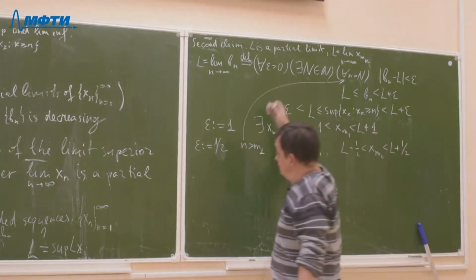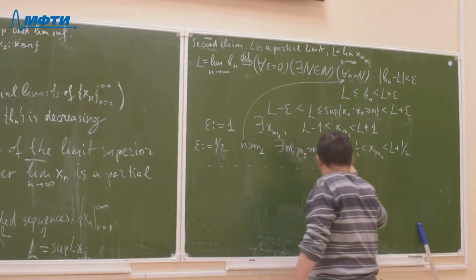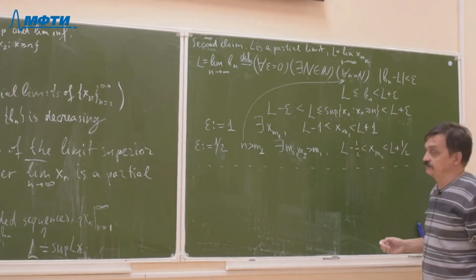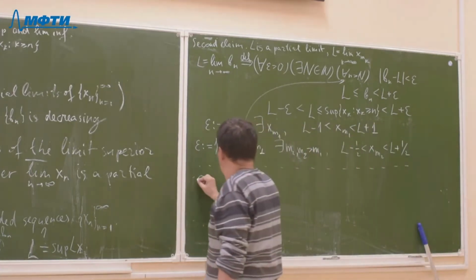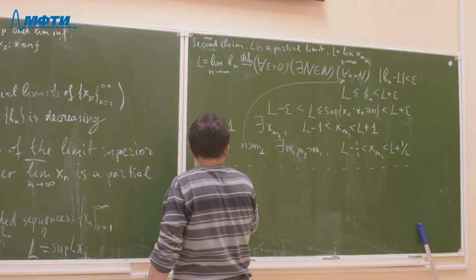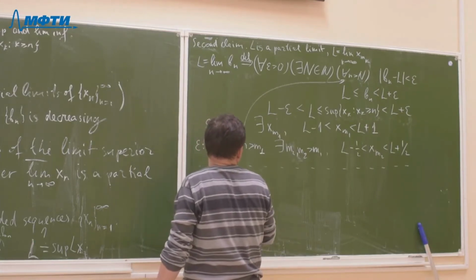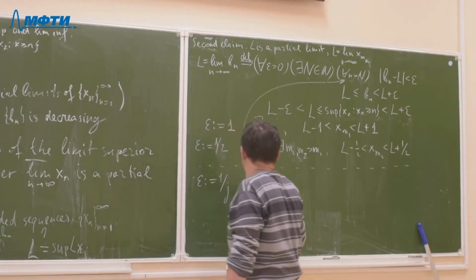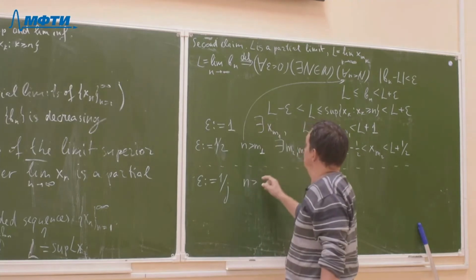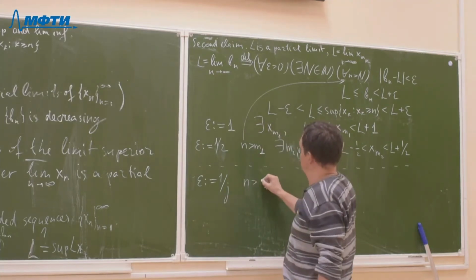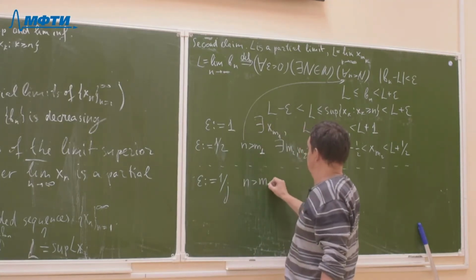And I can continue it. So epsilon take 1 over, let's say, j. I consider small n greater than mj.